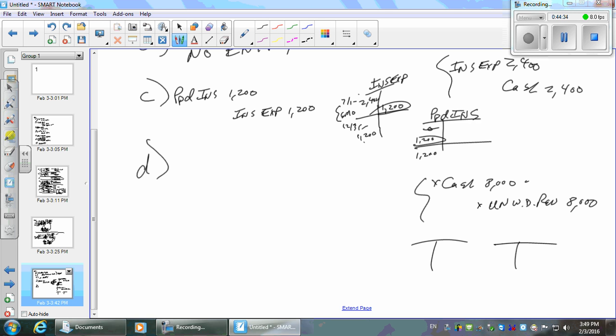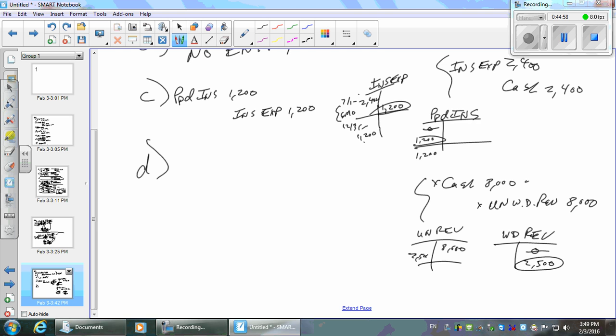So I have unearned wedding dinner revenue with $8,000 in it, but now I've earned $2,500 of it. Make sense? And I have wedding dinner revenue that doesn't have anything relating to that particular dinner in it. So what I want to do is put the $2,500 in here, take it out of here.